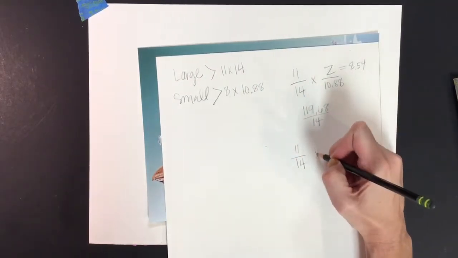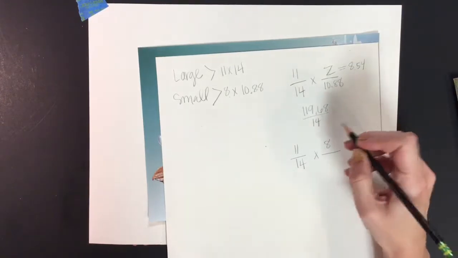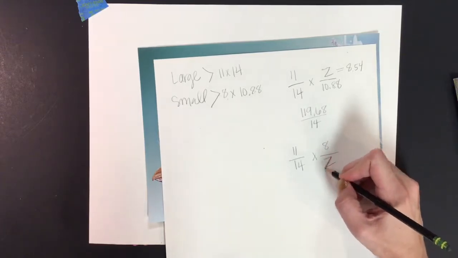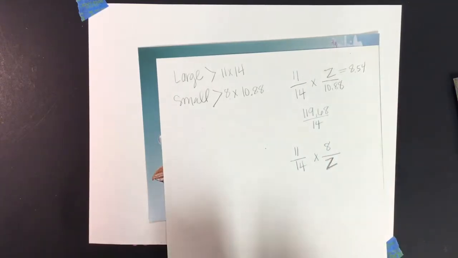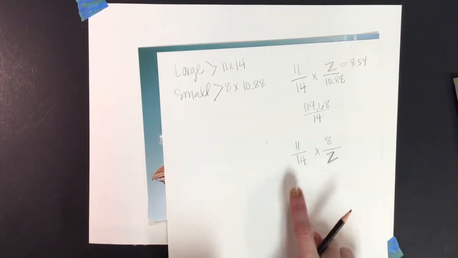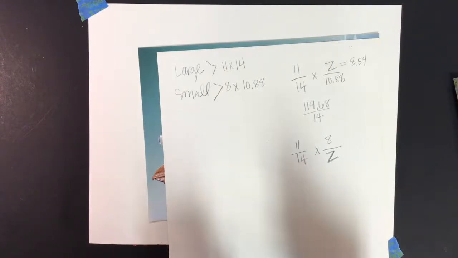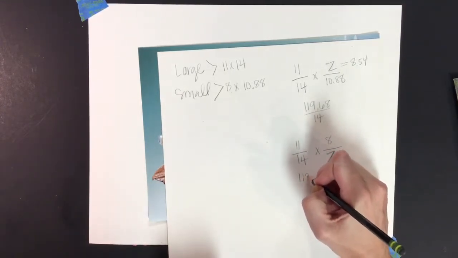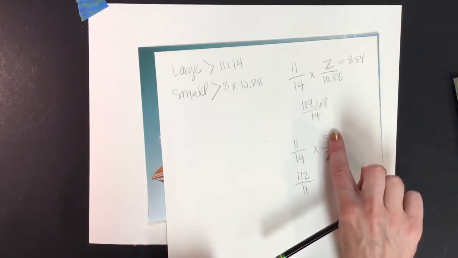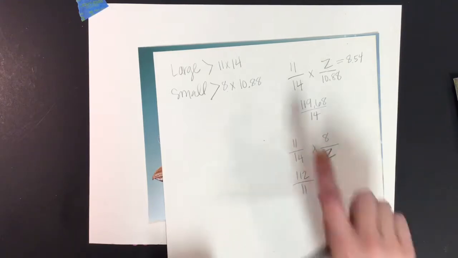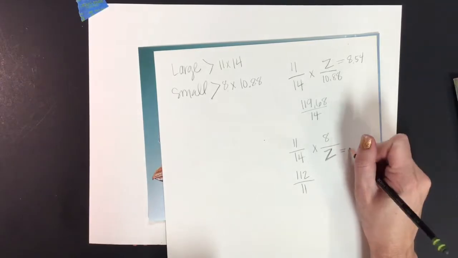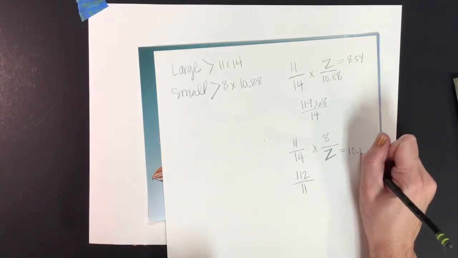11 by 14. Now we're going to keep our shorter side and make this our z. I know this is probably a little bit confusing. We're going to cross multiply 14 times 8. That is 112, divided by our 11, so z is going to equal 10.18.